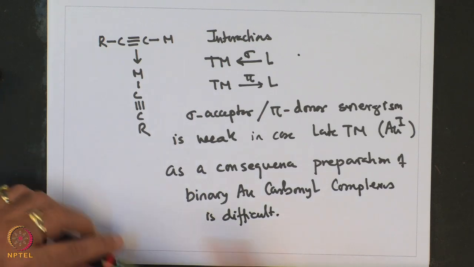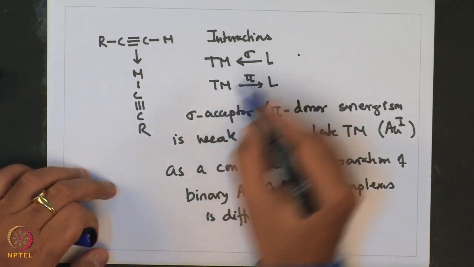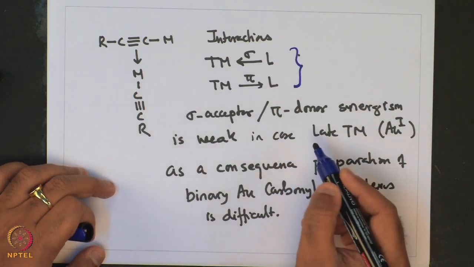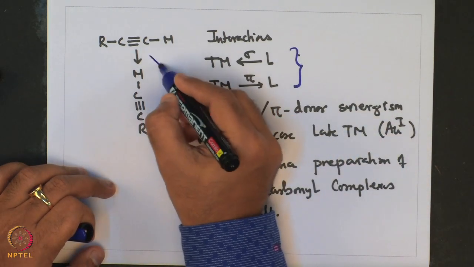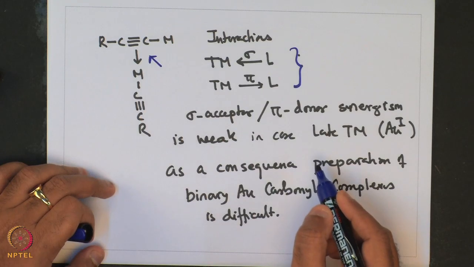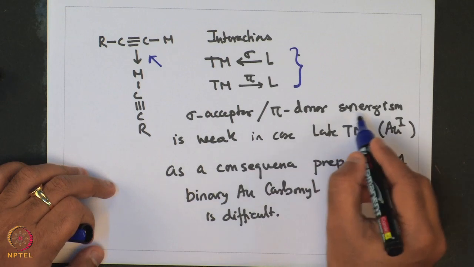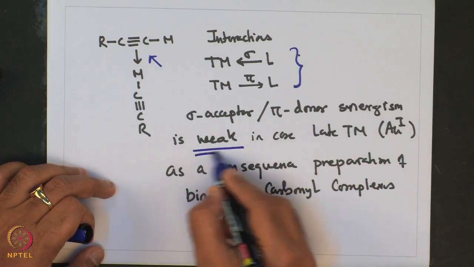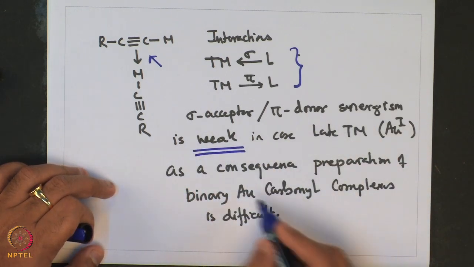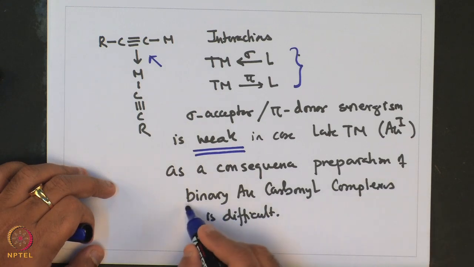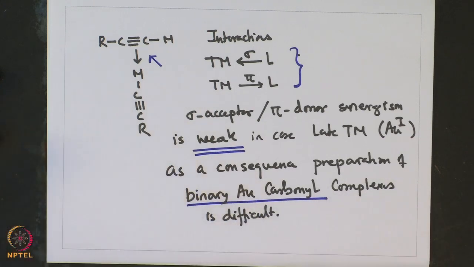So, what it shows is that this synergism is required for stabilizing these type of complexes, but it is not too strong, it is weak to the extent that this synergism fails to stabilize binary gold carbonyl complexes.